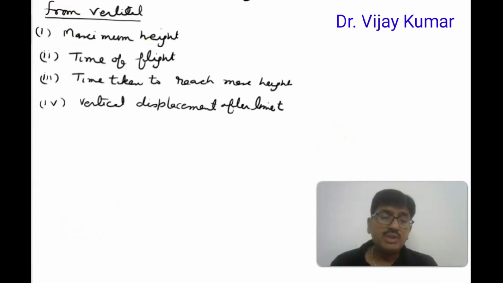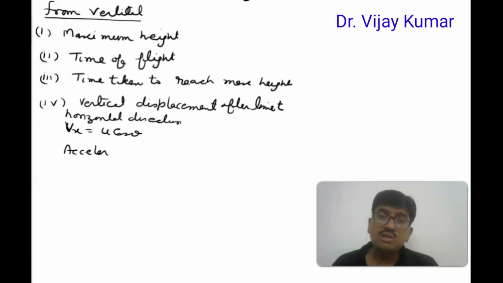So dear students, in the horizontal direction, the horizontal velocity Vx, as we have already discussed, is u cos theta. And the acceleration in the horizontal direction is always equal to 0.